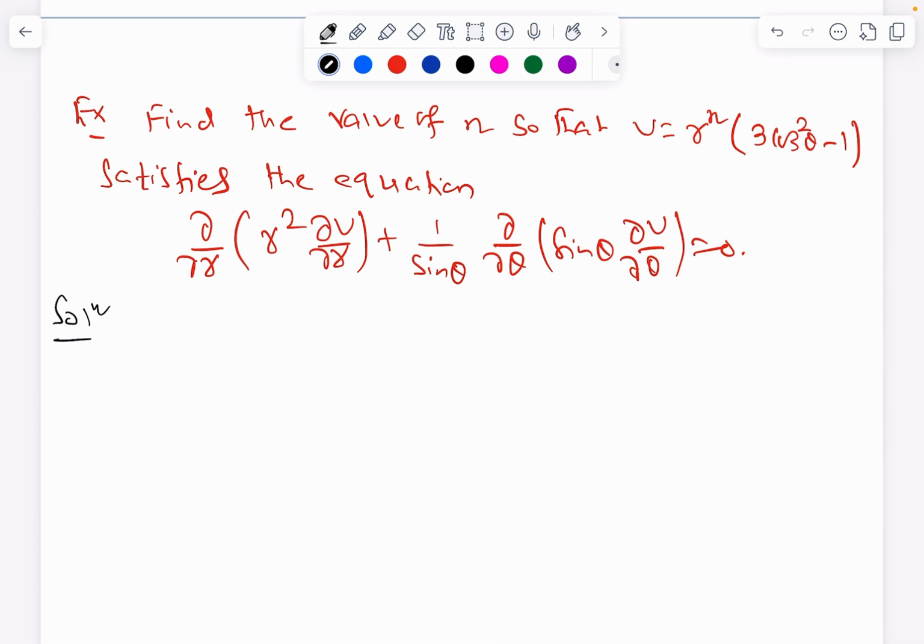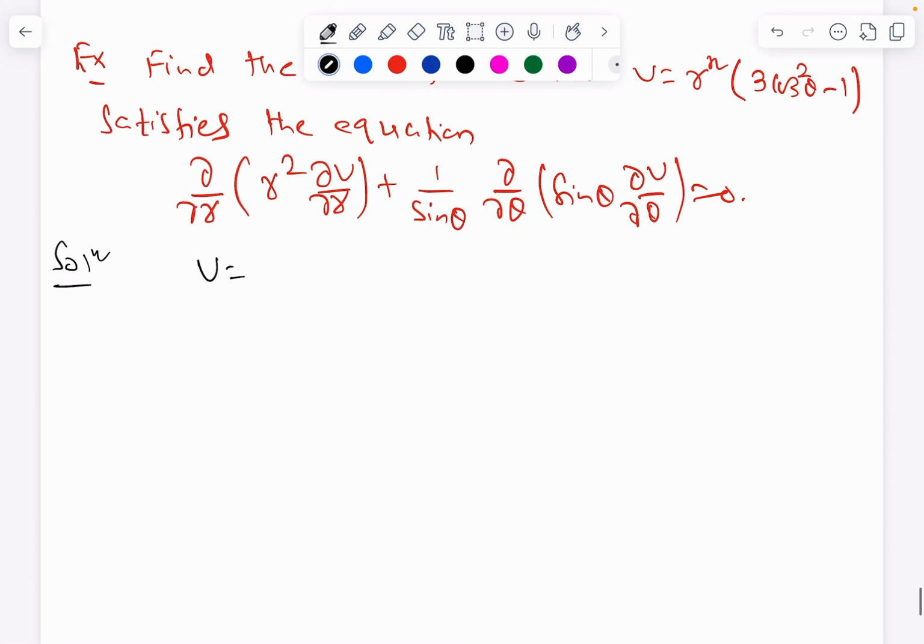So let us solve this. U equal to r power n into 3 cosine square theta minus 1. Now let us find this one. So first we find del u by del r.